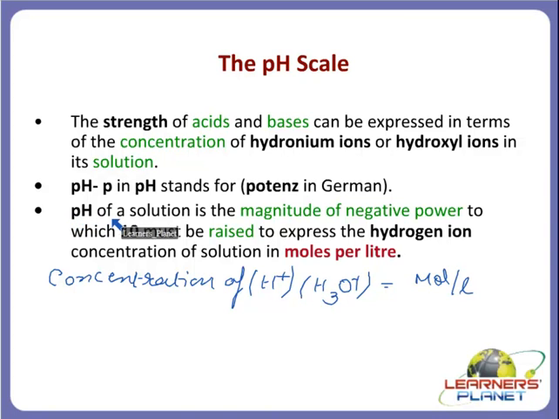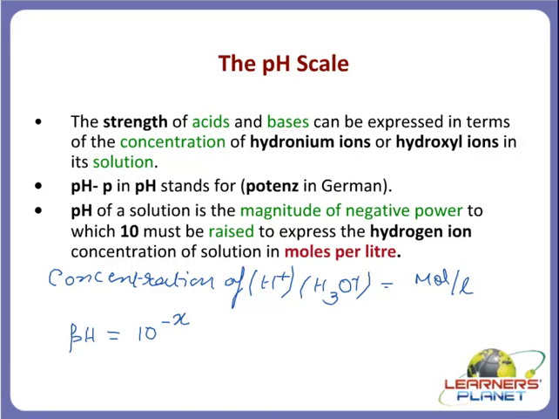The pH of a solution is the magnitude of the negative power to which 10 must be raised to express the hydrogen ion concentration of the solution in moles per liter. See, that is pH, which is equal to 10 to the power minus X.